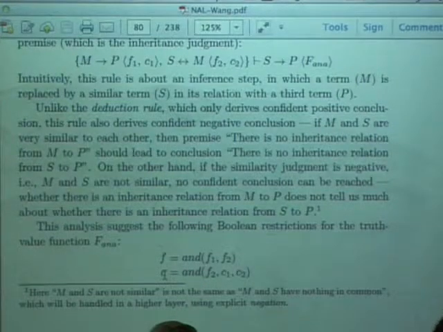Okay? Be careful: when we say they have nothing to do with each other, and when we say they are the opposite of each other, that's not the same thing, right? If they're the opposite of each other, then you will do something about the frequency value. If they have nothing to do with each other, then the confidence value of the conclusion will be 0.